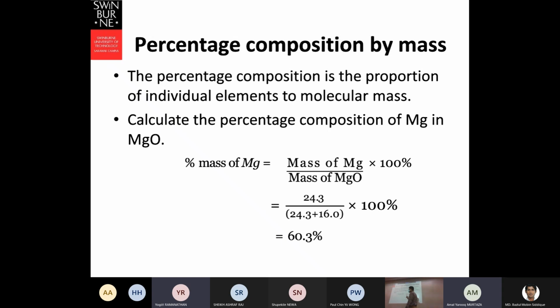For example, this is magnesium oxide. I want to know how many percent of magnesium is in this compound.